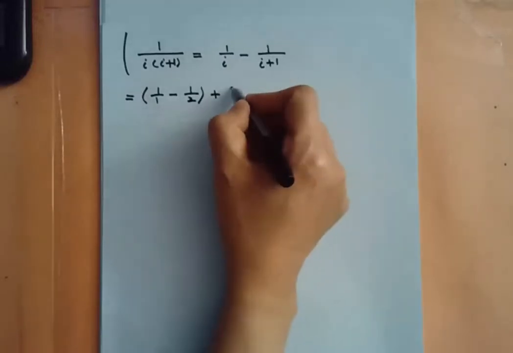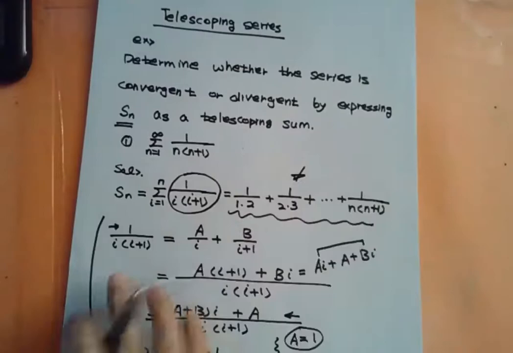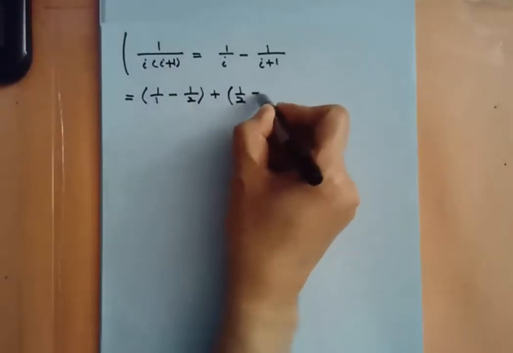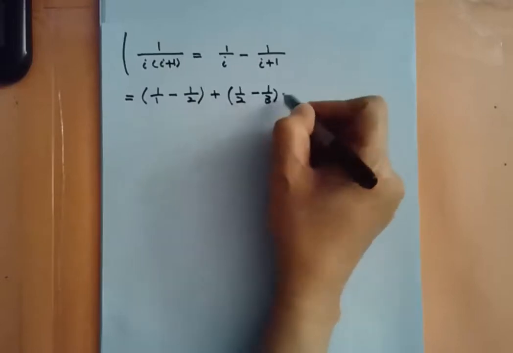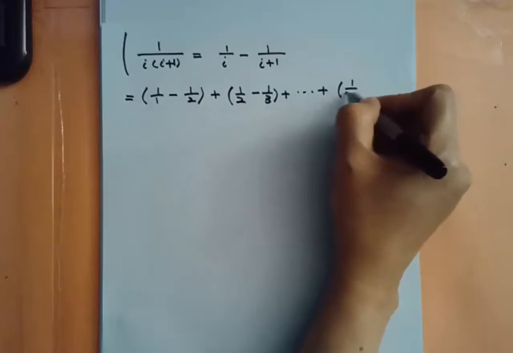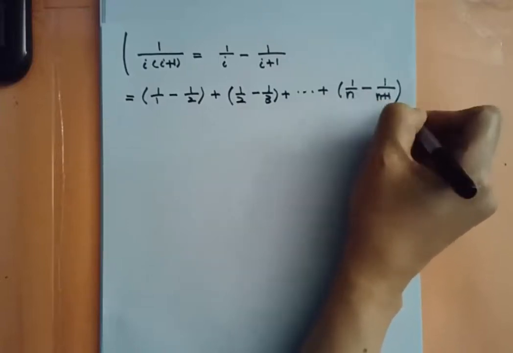The second term was 1 over 2 times 3, which can be written as 1 over 2 minus 1 over 3, plus the last term, which can be written as 1 over n minus 1 over n plus 1.